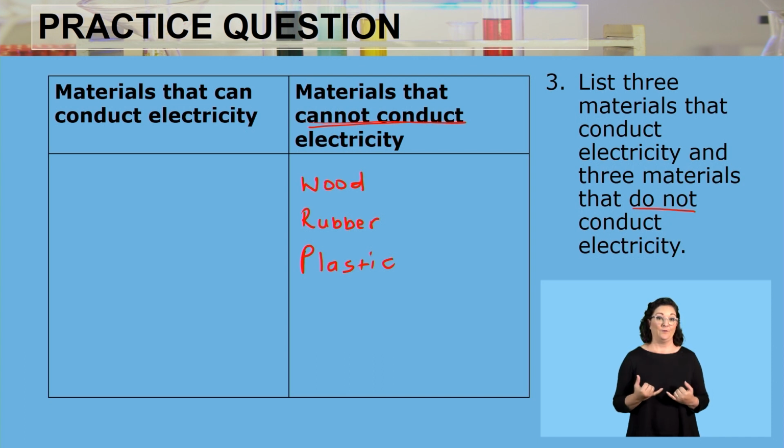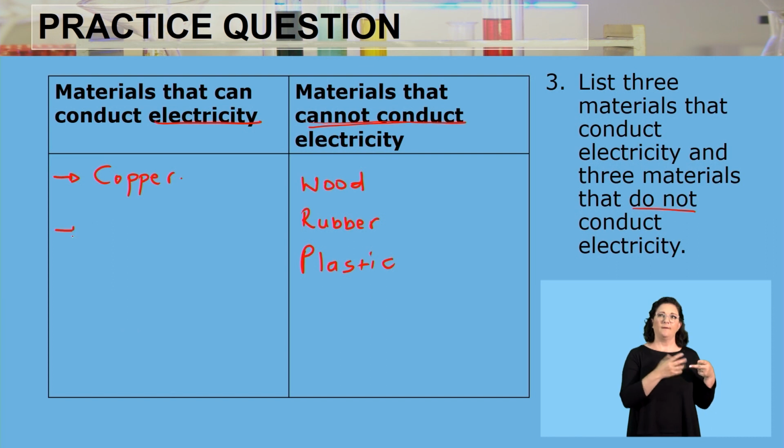Now, with the ones that are conductors, the ones that allow current to pass through, first of all, we can have copper as one of the metals used in the conducting wires. And then we can also have aluminum as one of the materials that is able to allow electricity to pass through.